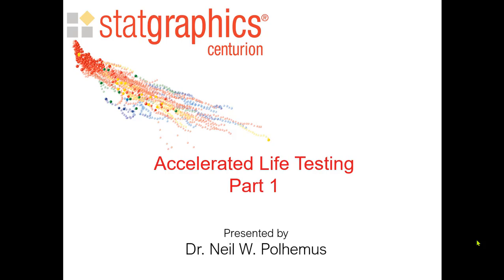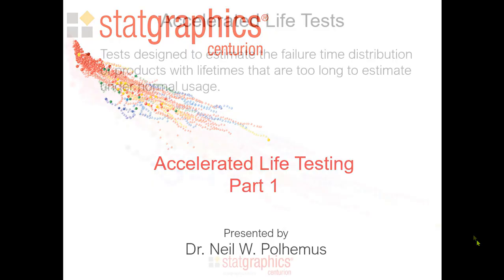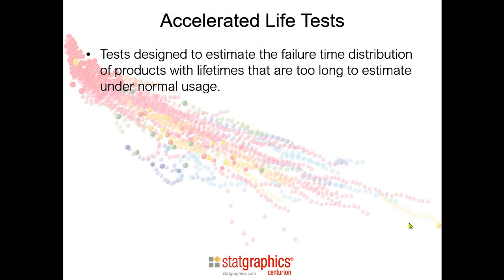This video is the first of two videos describing the capabilities of Statgraphics version 20 for accelerated life testing. Accelerated life tests are tests designed to estimate the failure time distribution of products that have lifetimes that are too long to estimate under normal usage.